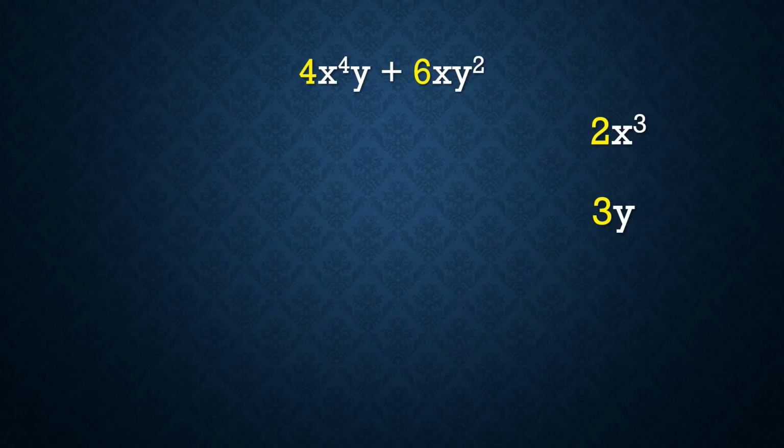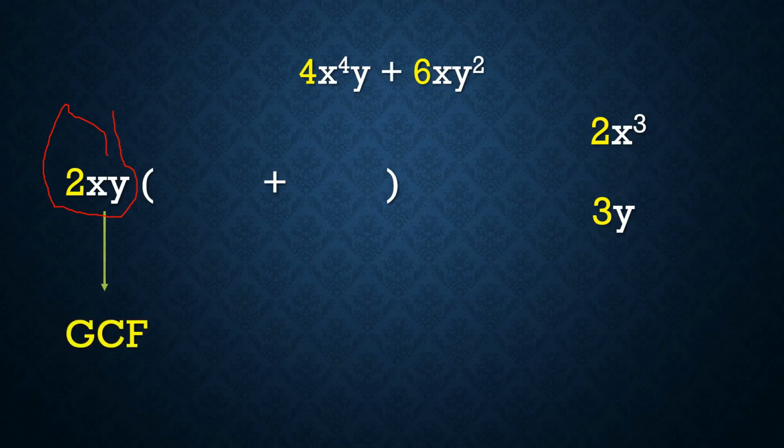As you can see, the first one is the greatest common factor, so it is outside, and there is an open and closed parenthesis. If we divide this one by the greatest common factor, as I said earlier, we will get 2x cubed, in the same position as 4x raised to 4th y.